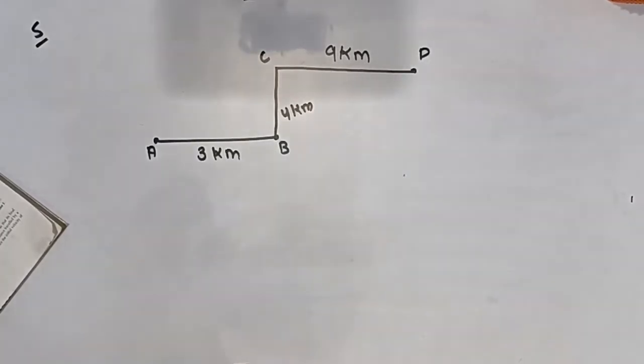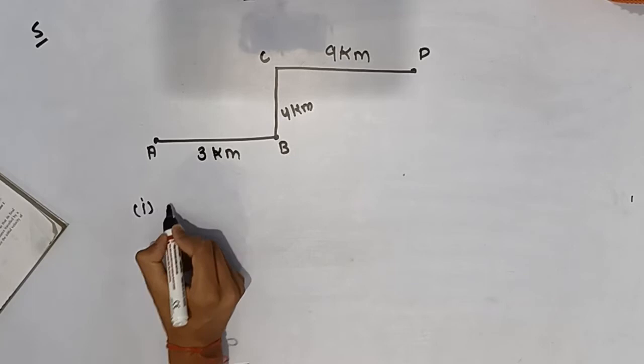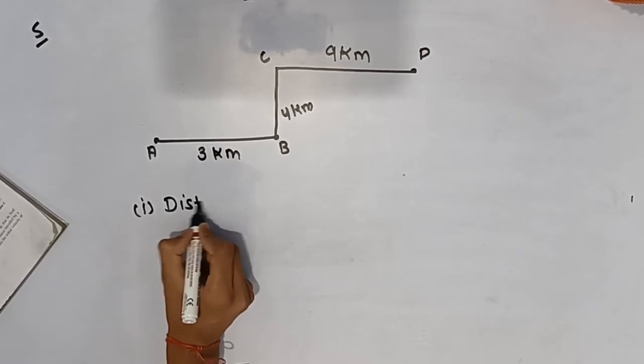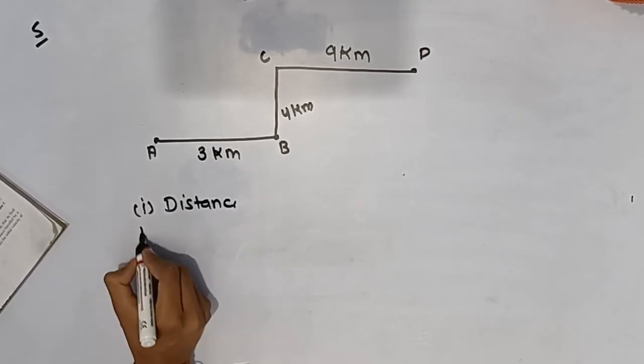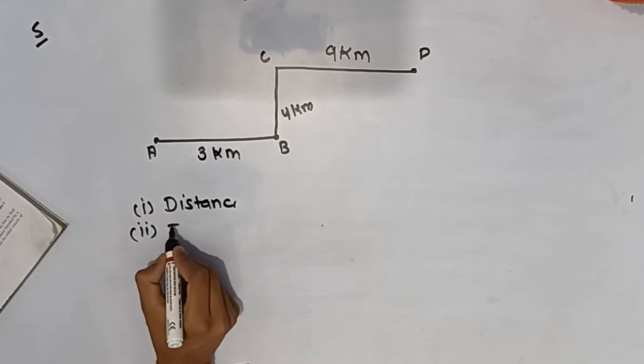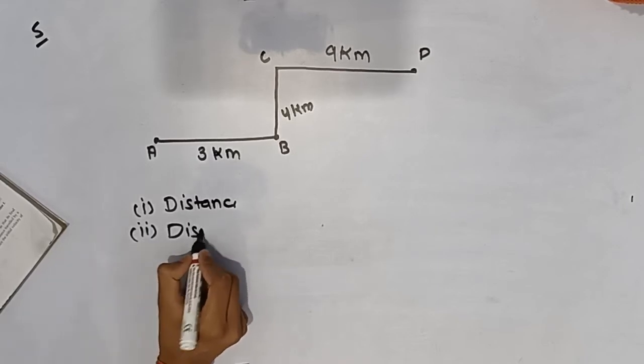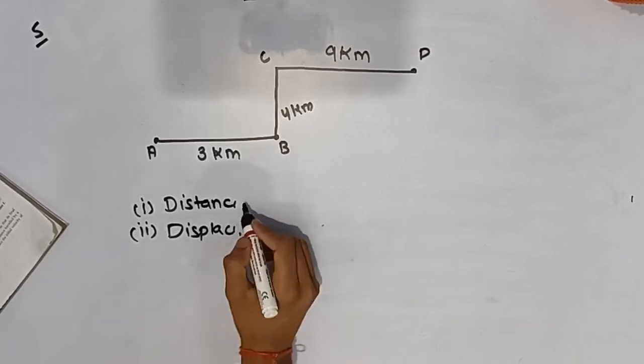So what do we have to find? First of all, we have to find the total distance traveled by the body, and second, we have to find the displacement also. So friends, how will we find both of these?